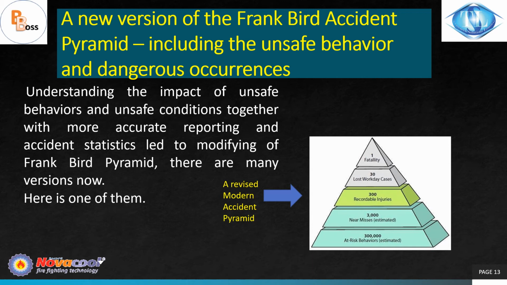You have one fatality for every 30 lost work cases, 300 recordable injuries, 3,000 estimated near misses, and 300,000 at-risk behaviors. So the ratios now change. Another change is the introduction of dangerous occurrences to near misses in reporting, and the adding of unsafe behavior at the at-risk behavior level. The concept is still the same.